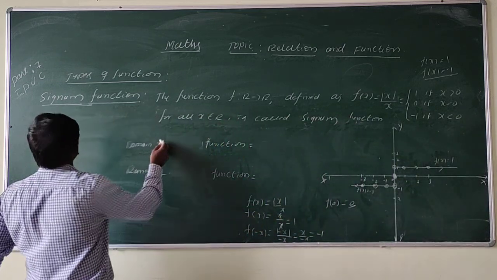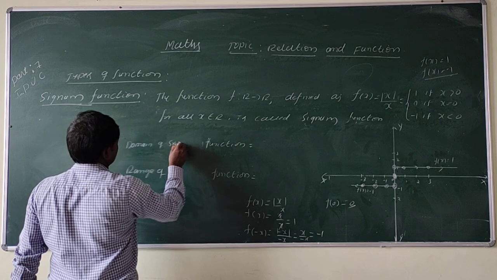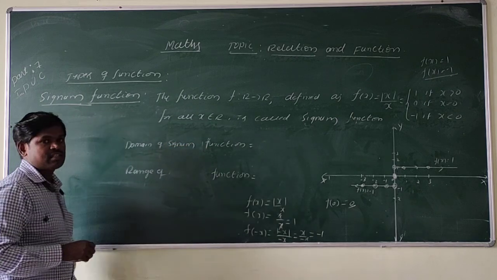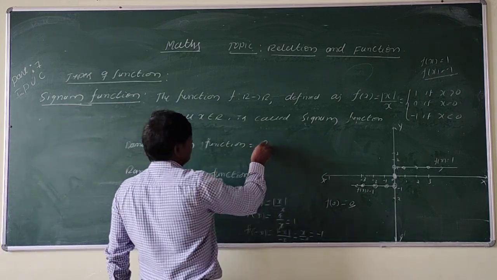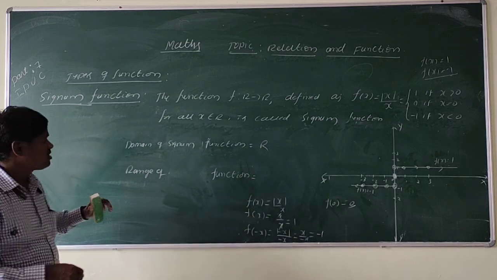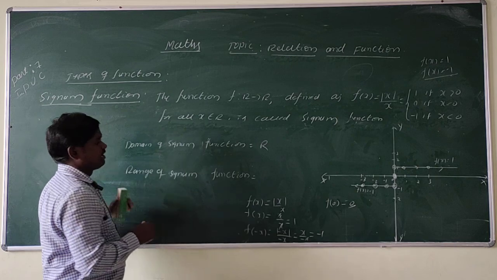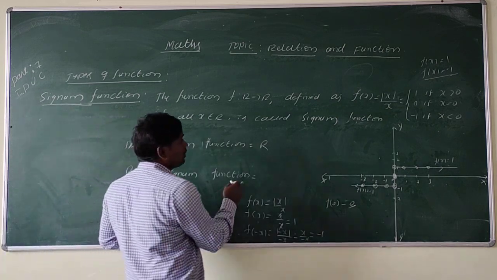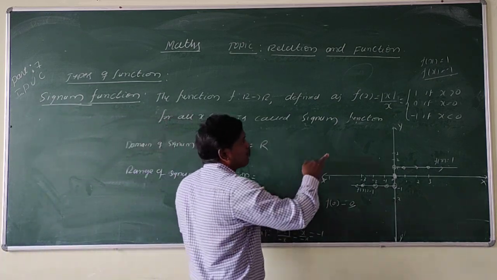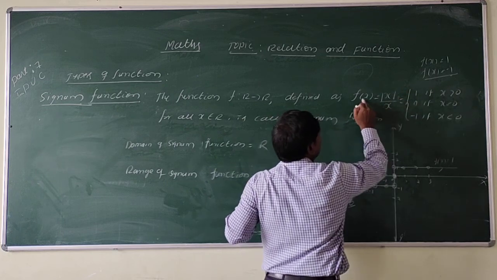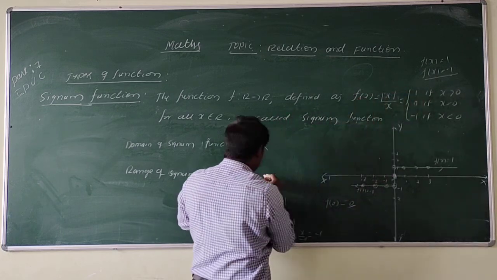So domain of signum function is the set of all real numbers. So what about the range? Range of signum function is: see, whatever the value you give to x, what is the output? Suppose x is greater than 0, then output is only 1.